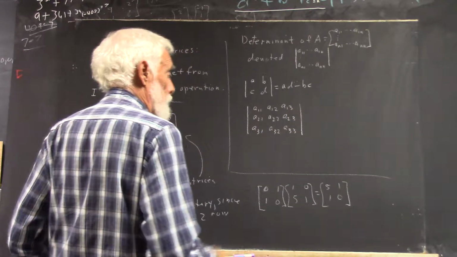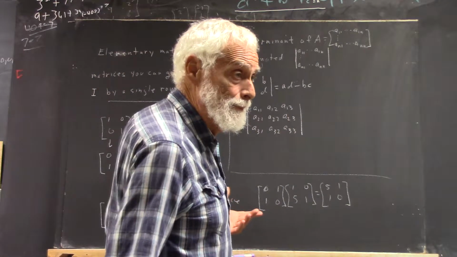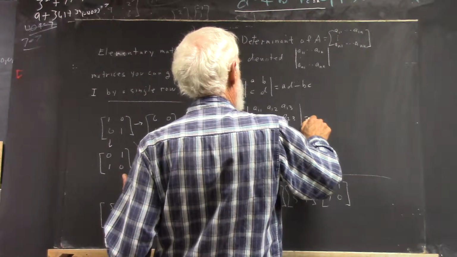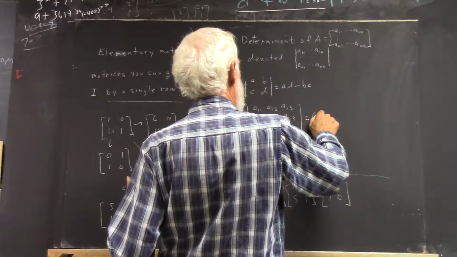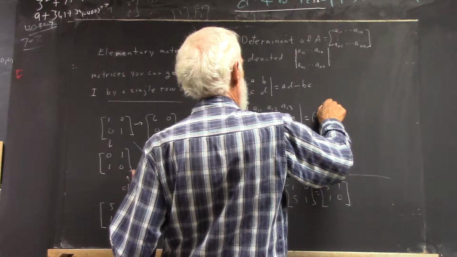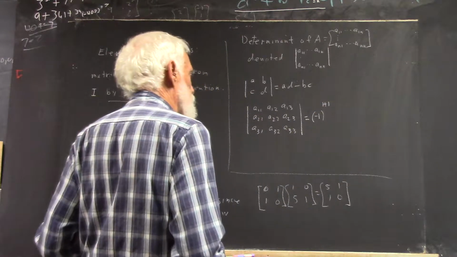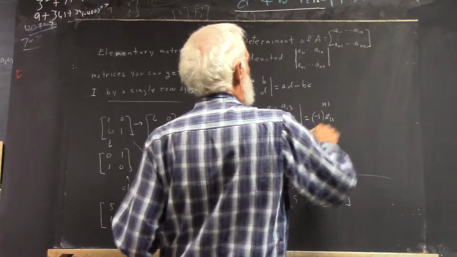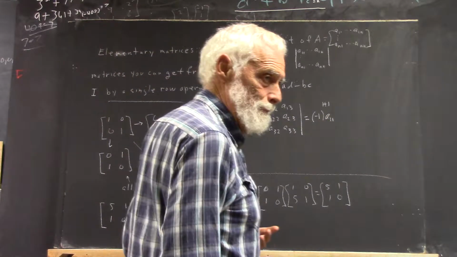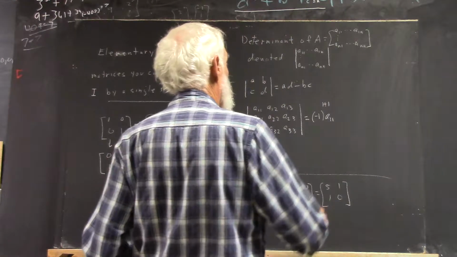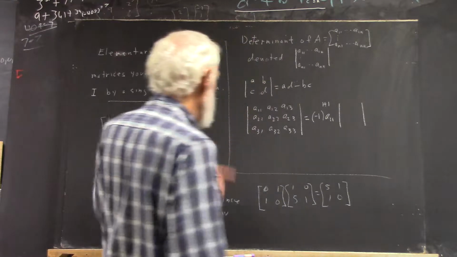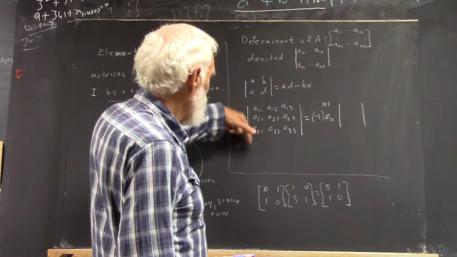Okay, typical 3x3 matrix. The determinant of that is -1 to the 1 plus 1 times A11 multiplied by the determinant you get when you eliminate the row and the column of A11.